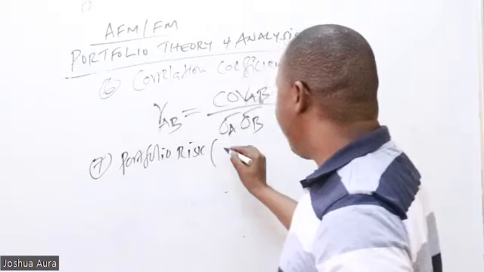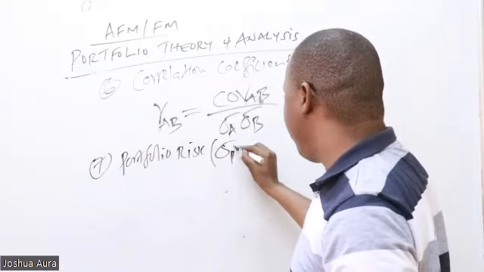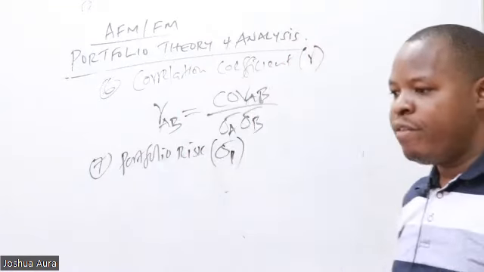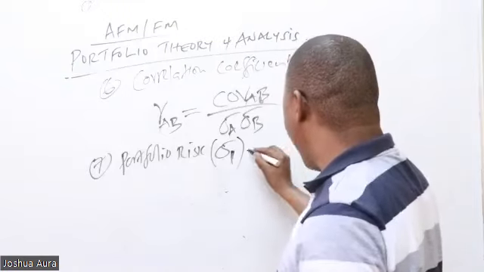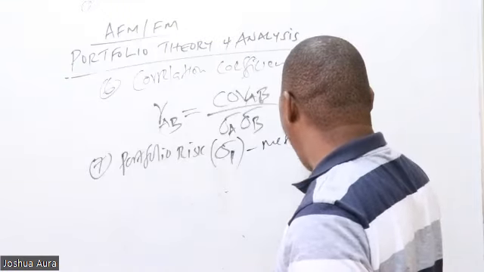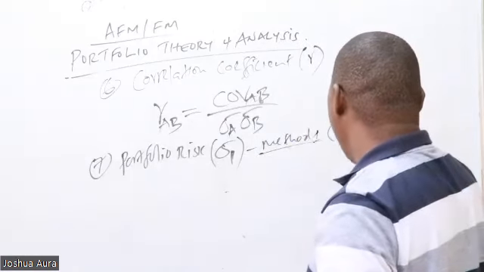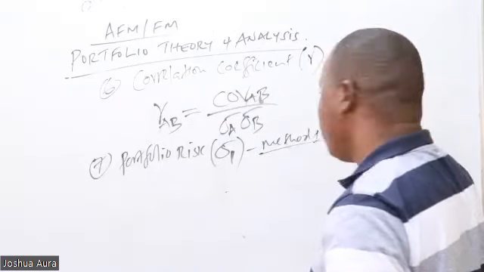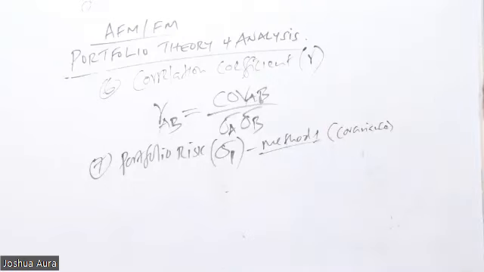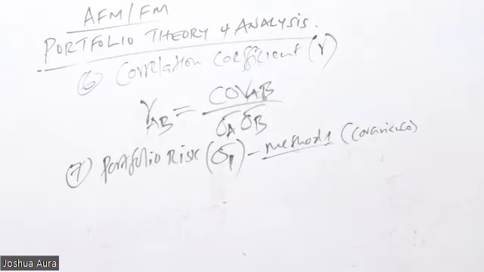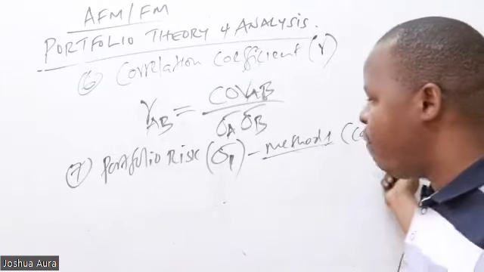Portfolio risk, abbreviated as standard deviation of the portfolio. So method number 1, we use covariance.